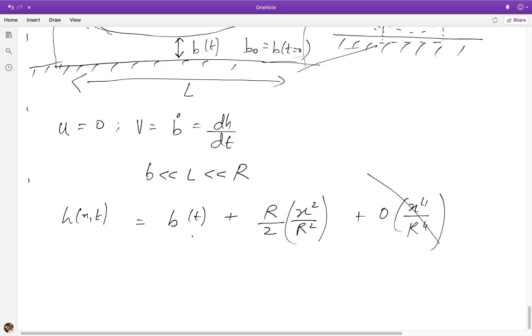And now if we scale this throughout by b naught, right, so these are all dimensional quantities, of course. If I scale throughout by b naught, but I scale x by L, what I'll finally get is h is equal to scaled b.